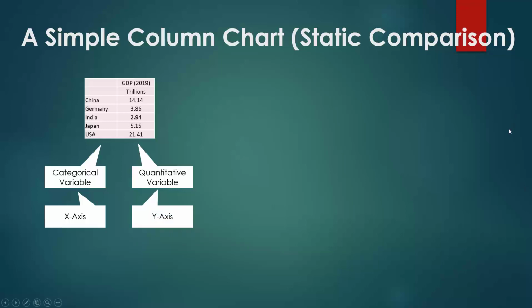Here we have one column of data, and this column is really labels for entities. So 14.14 is the value of this quantitative variable for this entity, China. Since we have values for several entities of one quantitative variable, we have a column of data, and this categorical variable serves as labels for the entities.